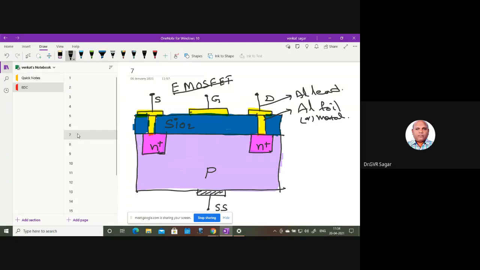In between the source and drain terminals, another aluminum metal contact is placed, and this lead is taken out and acts as the gate.